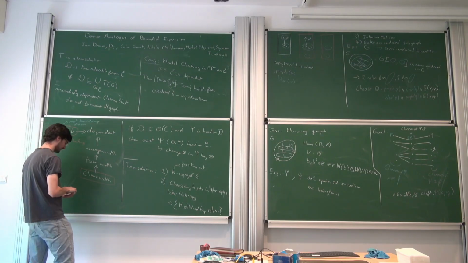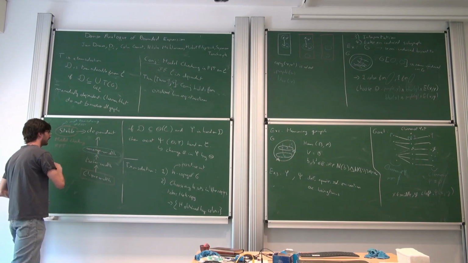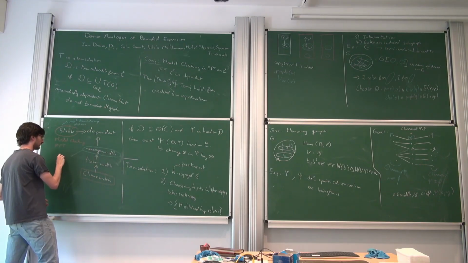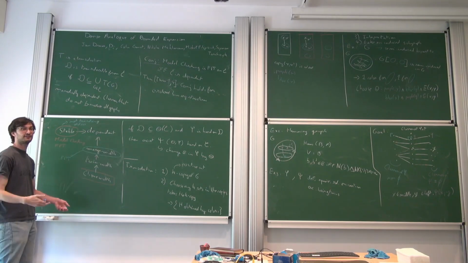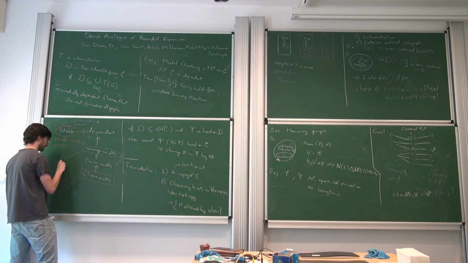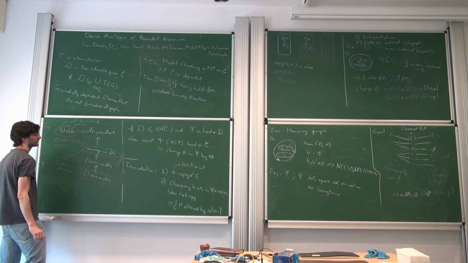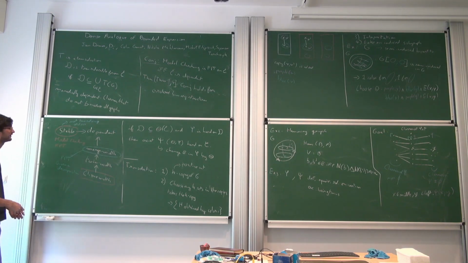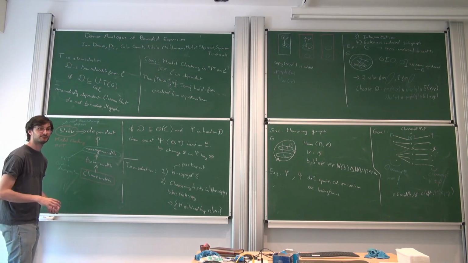And on twin-width and merge-width, there is an algorithm, but only if you are given some decomposition of the graph. So another big question of this field is to bypass this given decomposition.